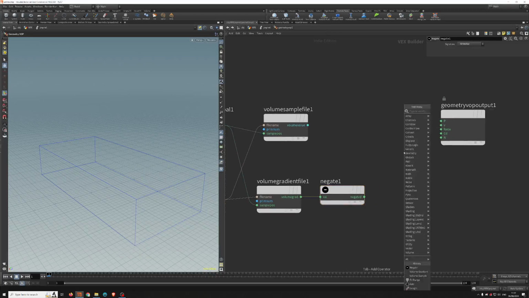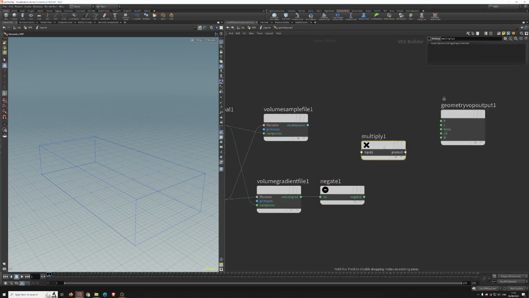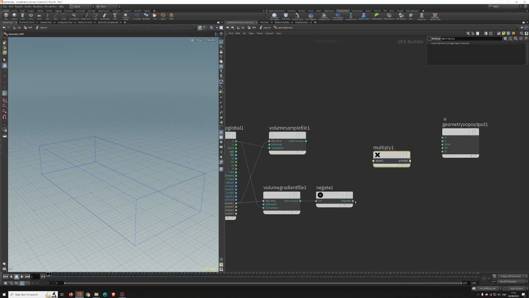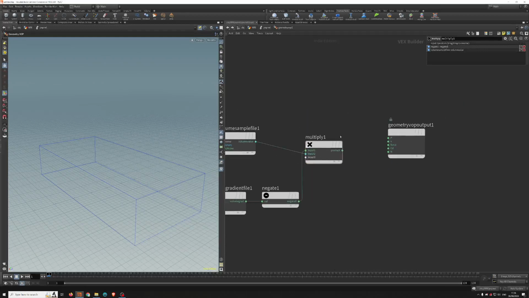Then we use the multiply to multiply the things together. We always multiply the vector and then the float, vector first. And then we feed it in the normal.